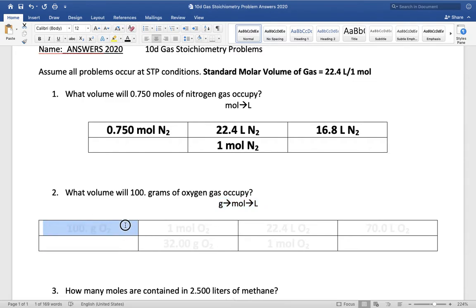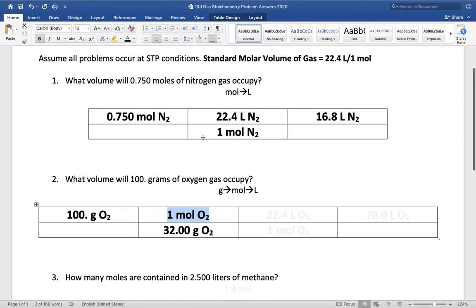So the problem says I start with 100 grams of oxygen. Using the periodic table, the molar mass of oxygen is 16.00 plus 16.00. So that goes in the denominator, and that's per mole. That will give me a mole answer.